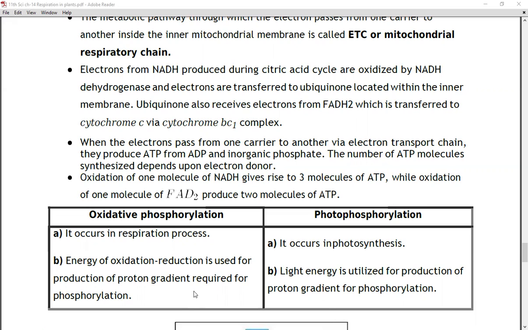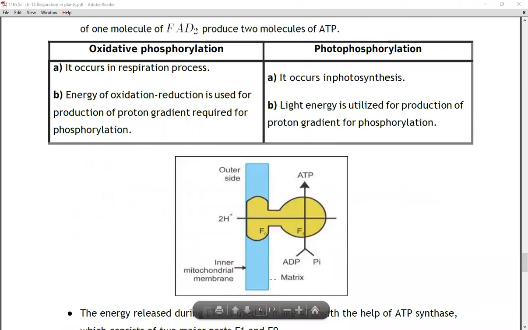While in photophosphorylation, the light energy is utilized for the production of the proton gradient for phosphorylation. So this is the difference between oxidative phosphorylation and photophosphorylation.